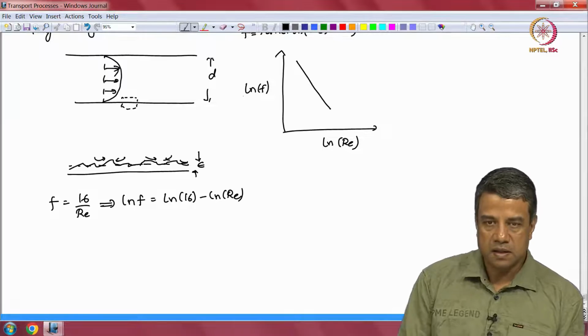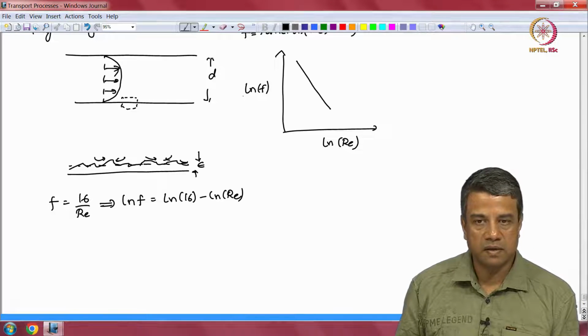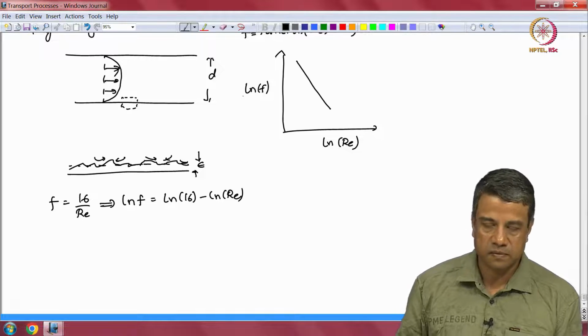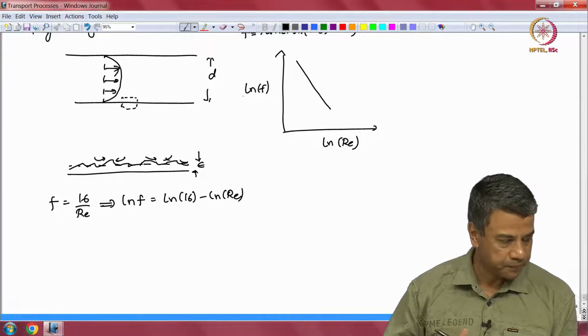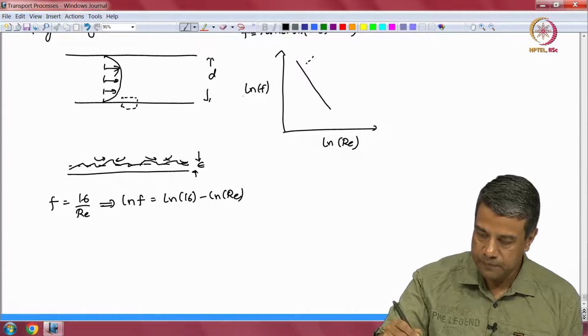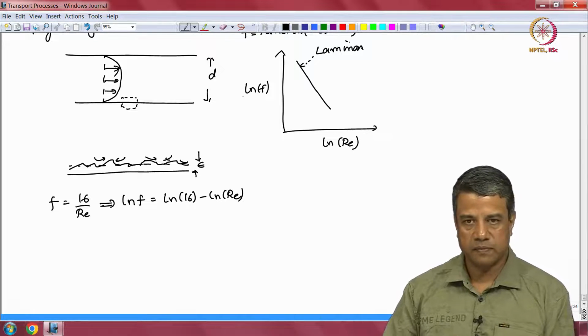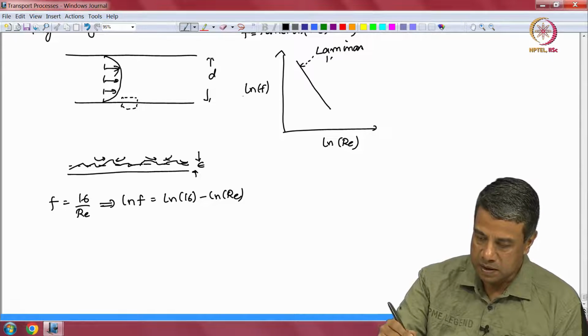This log f is equal to a constant minus log Re. So, in the log f versus log Re graph you have a slope of minus 1. This is for the laminar flow. Log f versus log Re, this is 16 by Re.